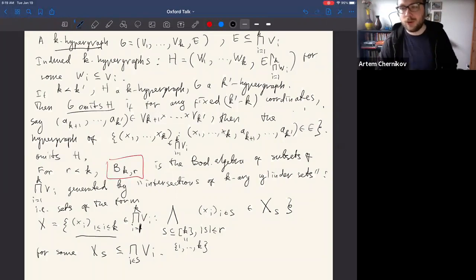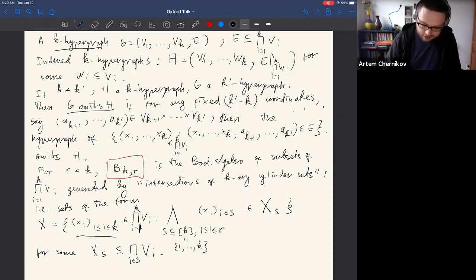But now I want to also be able to talk about omitting hypergraphs of smaller arity within graphs of higher arity. So we define it in terms of the previous definition: whenever I fix some k-ary fiber of my hypergraph E, it omits H.